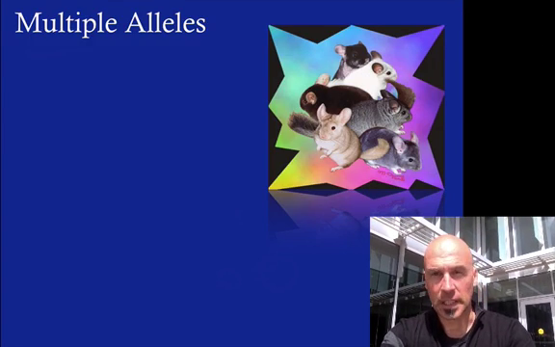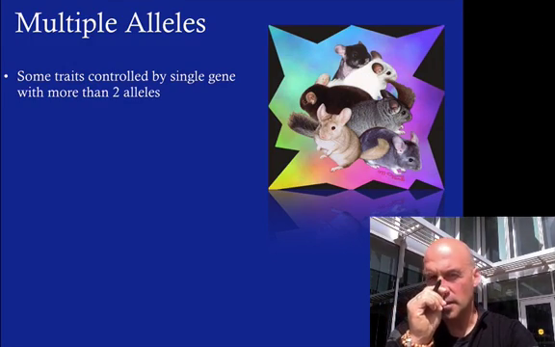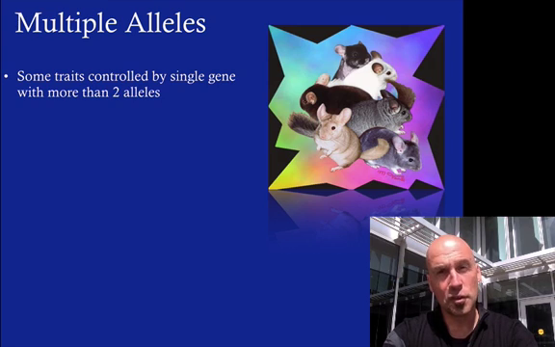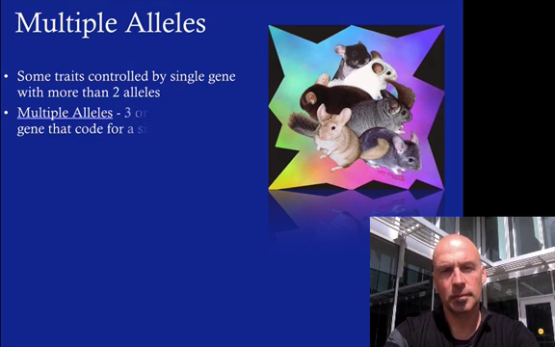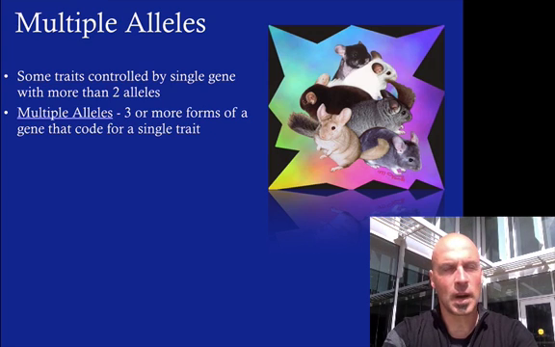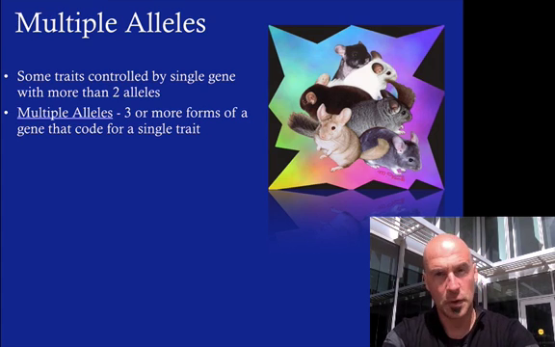All right, multiple alleles. There are some traits that are controlled by a single gene, but that single gene might have more than two alleles. Remember, the genes make up the alleles. With multiple alleles, there are three or more forms of a gene that can code for a single trait.